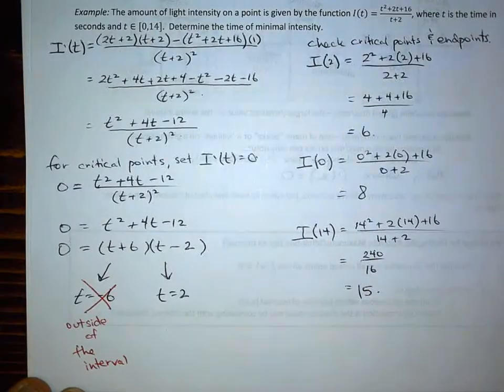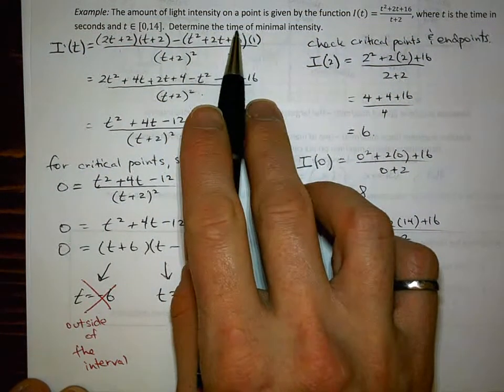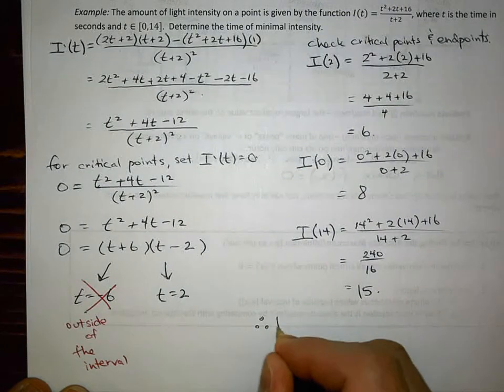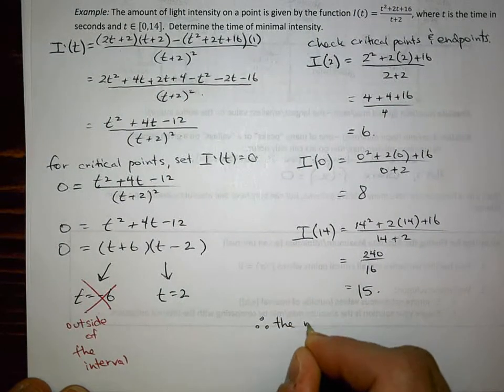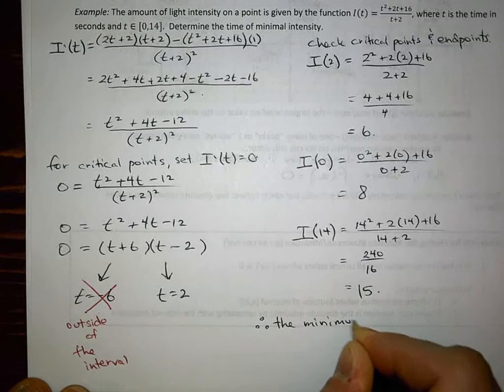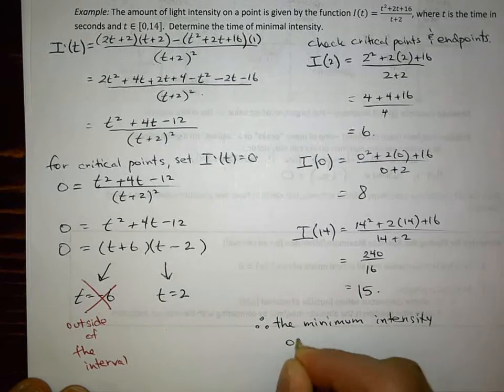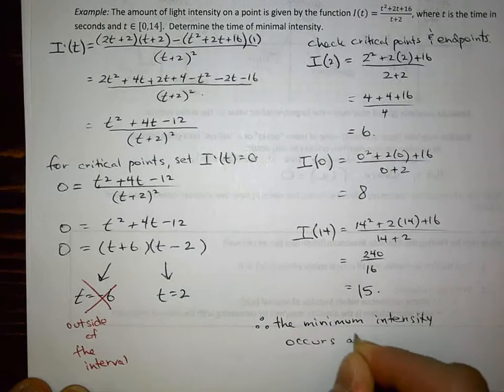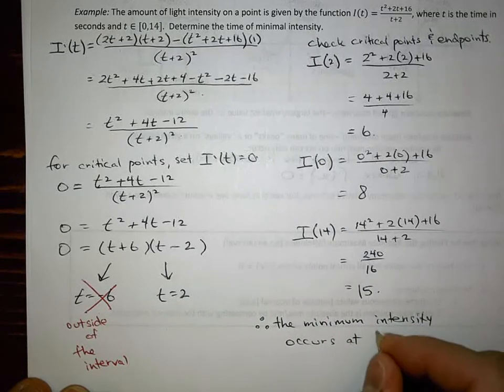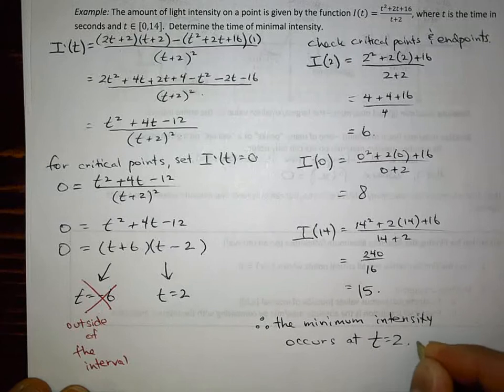So the question was asking for the time of minimum intensity. Therefore, the minimum intensity occurs at t equals 2 seconds.